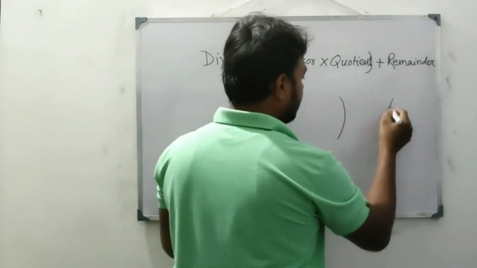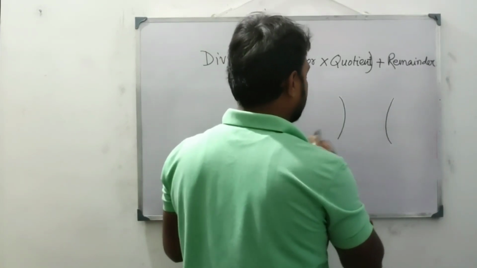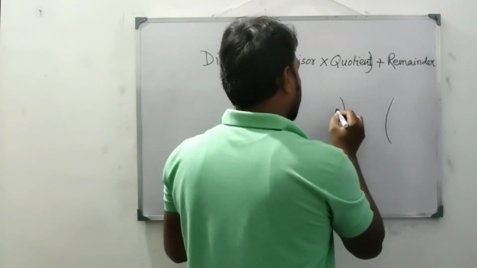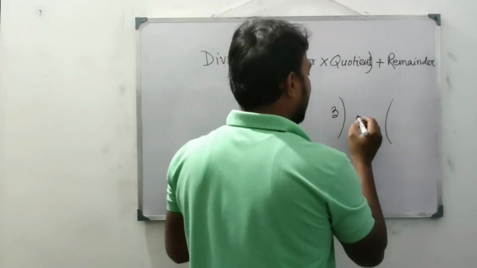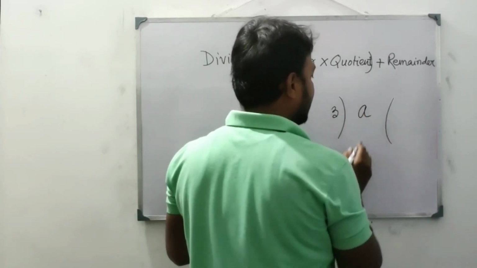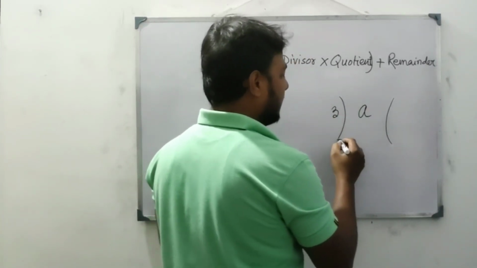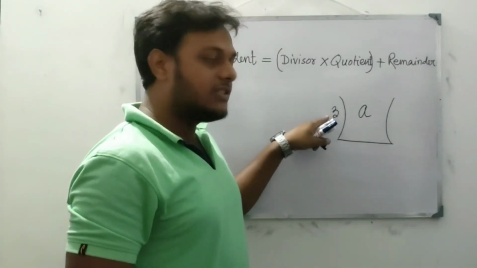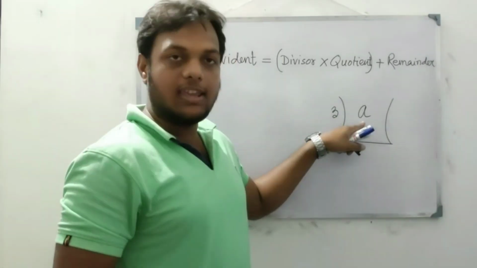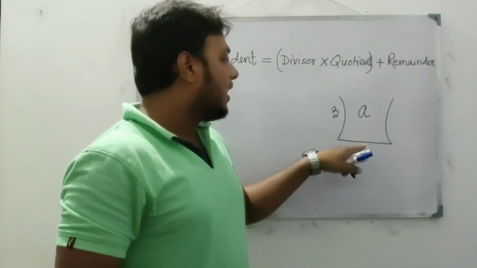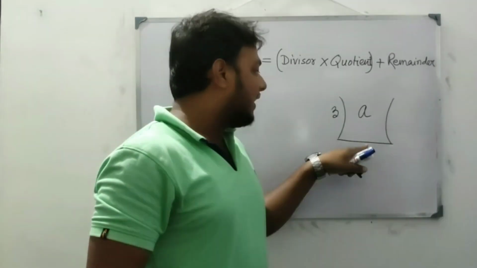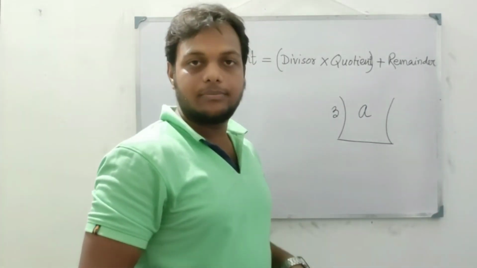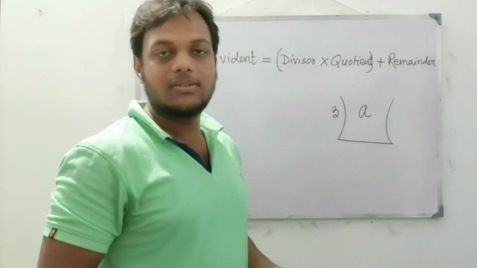Suppose this is 3 and some number is there, a. Then here the divisor is 3 and the dividend is a. Now just guess about the remainder. What are the possibilities for the remainder?